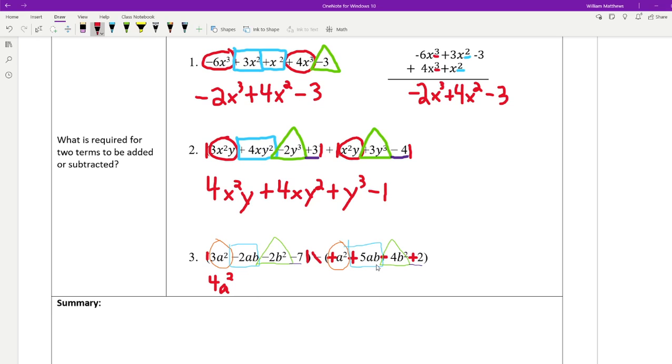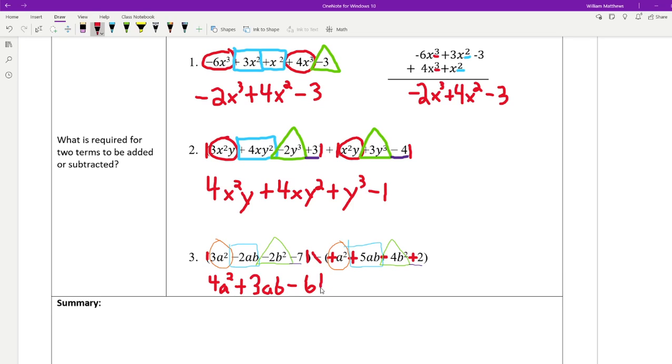Negative 2ab plus 5ab is a positive 3ab. Our next like terms is b squared, which becomes negative 2b squared minus 4b squared, which is a negative 6.